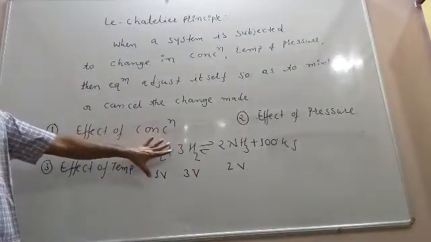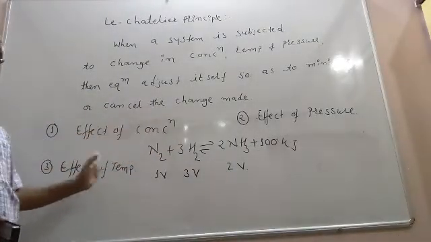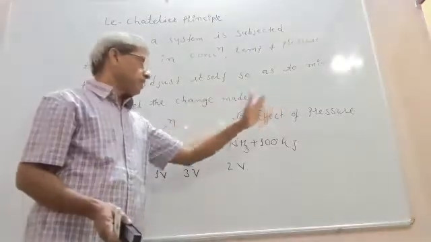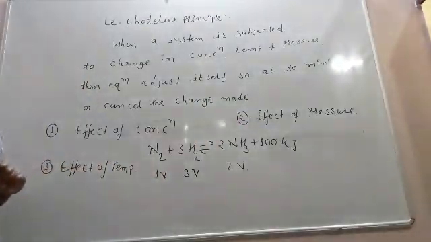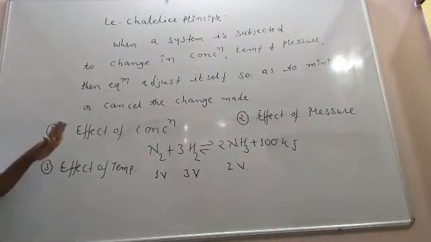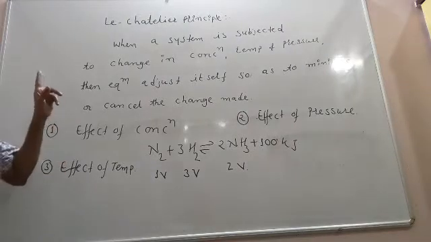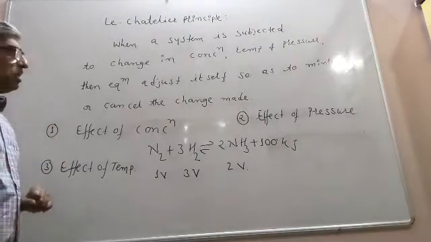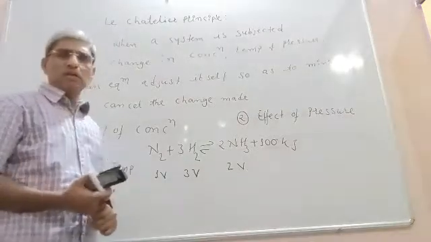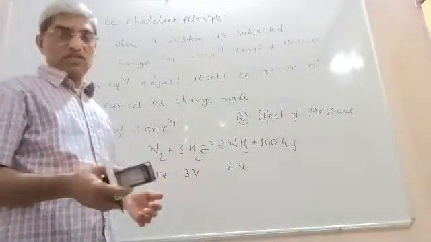And by taking this example, we explained the effect of concentration, the effect of pressure, and then the effect of temperature. Right? I hope you are getting me, right? Le Chatelier principle. And the Le Chatelier principle has so many applications.